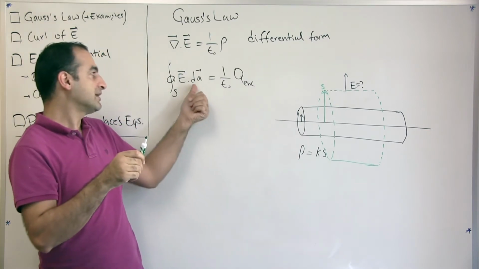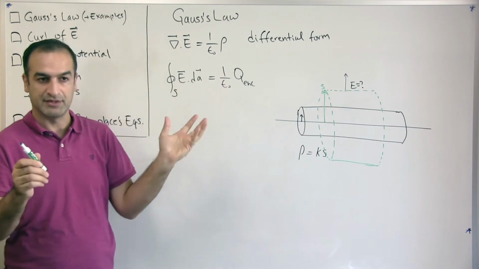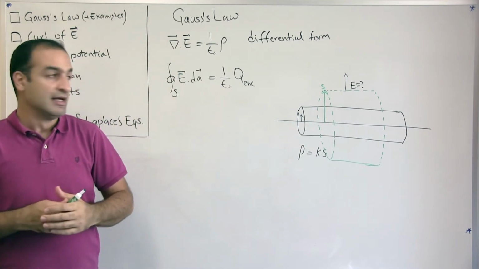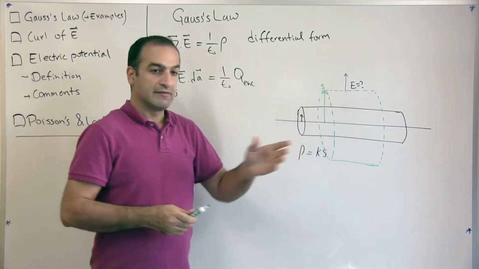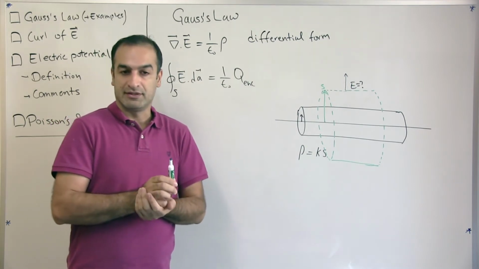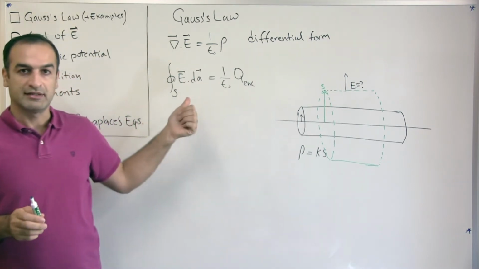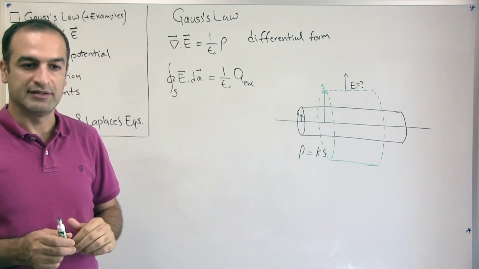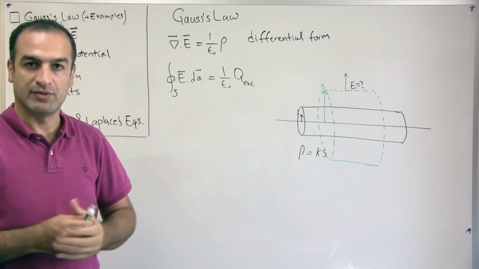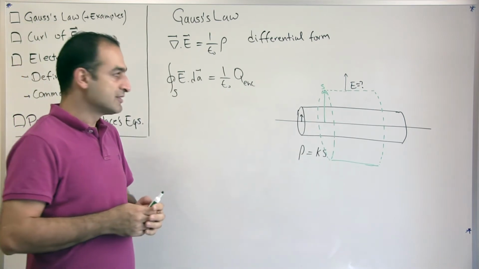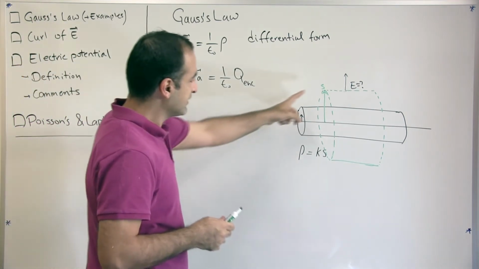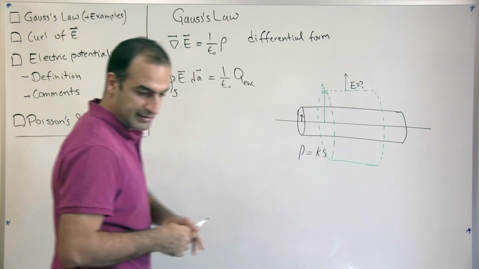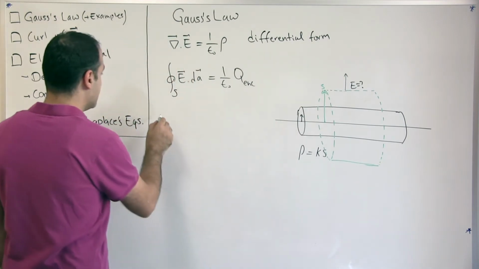That means the dot product E dot dA becomes zero, right? On the curved surface, the electric field is always perpendicular to the surface, so the dot product is just multiplying by the cosine of 0, which is 1.